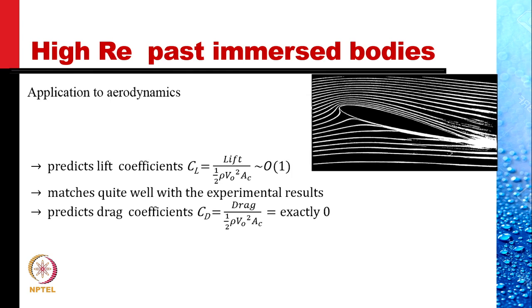The actual drag coefficients are of order 1 over under root Reynolds number, and for large Reynolds number, this is purely within what we expect from approximations. We have neglected the viscous force terms of the order of 1 over Reynolds number.